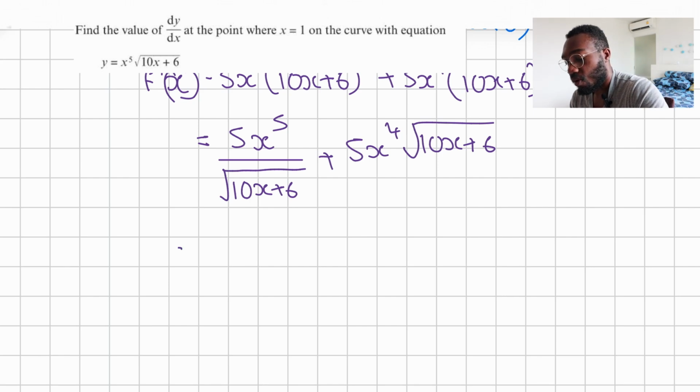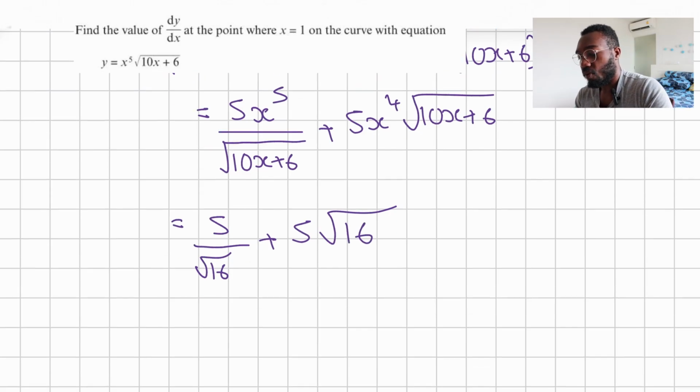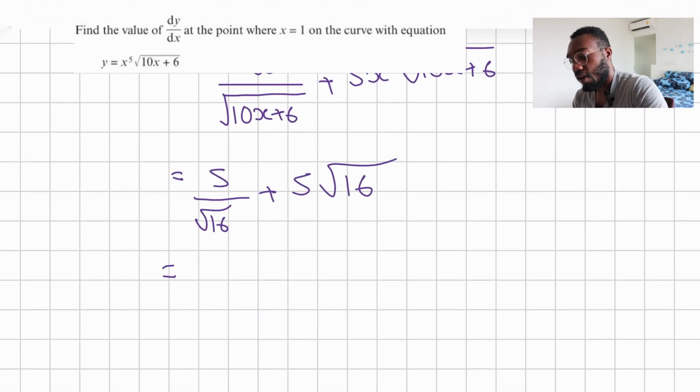So now just plug in the value of 1. If we do that, well, we'd get 5 times 1 to the power 5, which is just a 5, and then that is over the square root of 16, plus another 5, and then times by the square root of 16. And if you work this out, 5 over the square root of 16 is just 5 over 4.